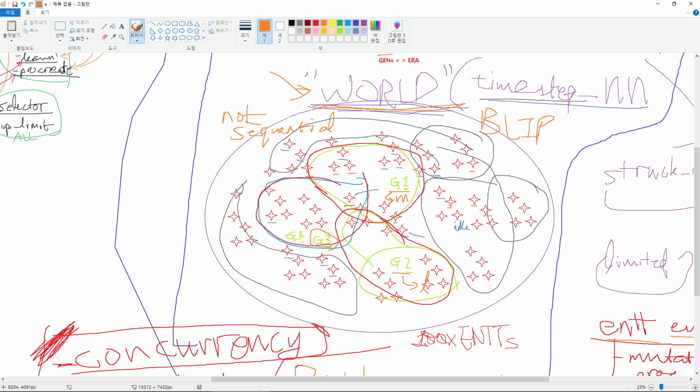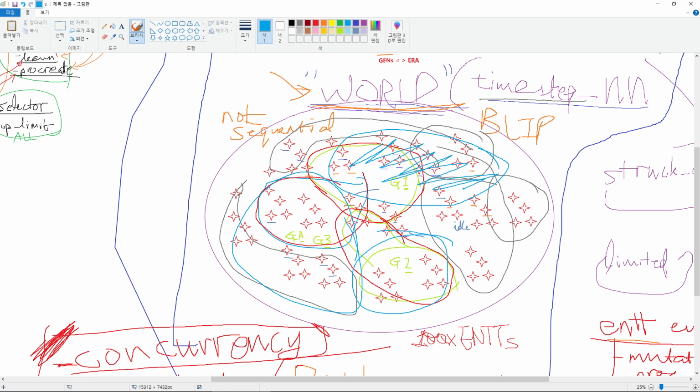G3 or GA, whatever, could be the group for procreation, as in they'll be parents. In the next time step, entities will be chosen differently, sampled differently, like these groups. And this group can be up for mutation.